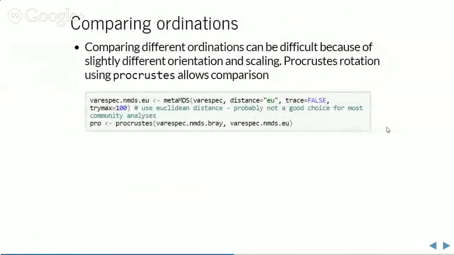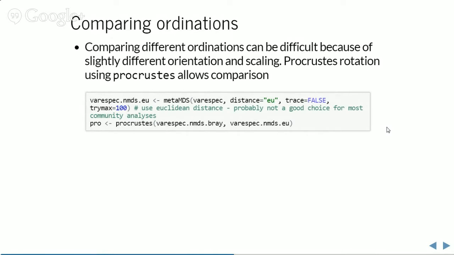So maybe you want to compare a couple of different ordinations. That can often be difficult because they might have slightly different orientation or scaling. And so there's a function called procrustes which allows you to make some comparisons.